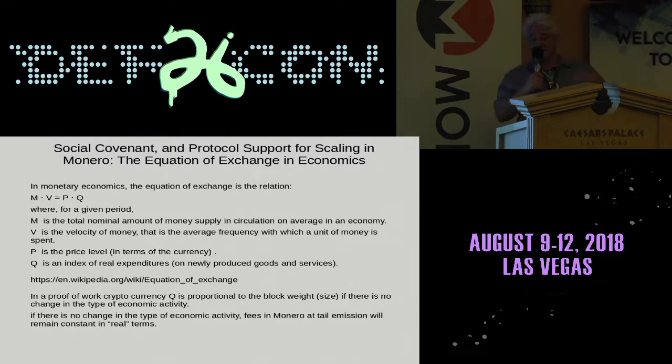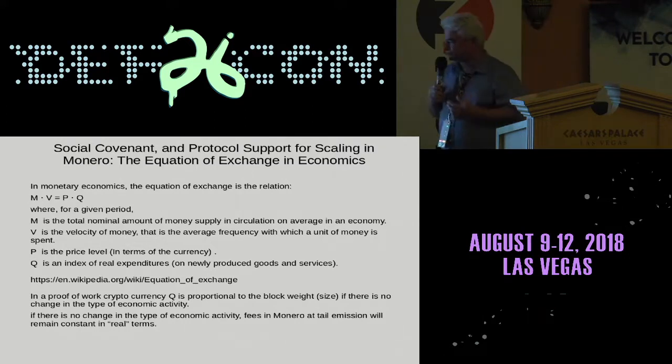Because if you double the size of the economy, thereby doubling the price, the fees in terms of Monero fall by half. So we have a very elegant solution where the fees in Monero will stay constant in real terms.